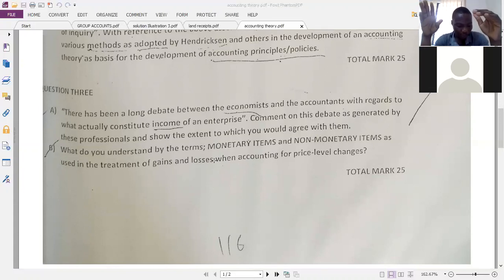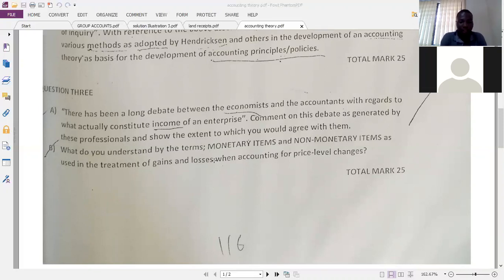And this fall represents a purchasing power gain. So if prices of goods and services are rising, then you, the one holding monetary liability, you are gaining. That is basically what it means.